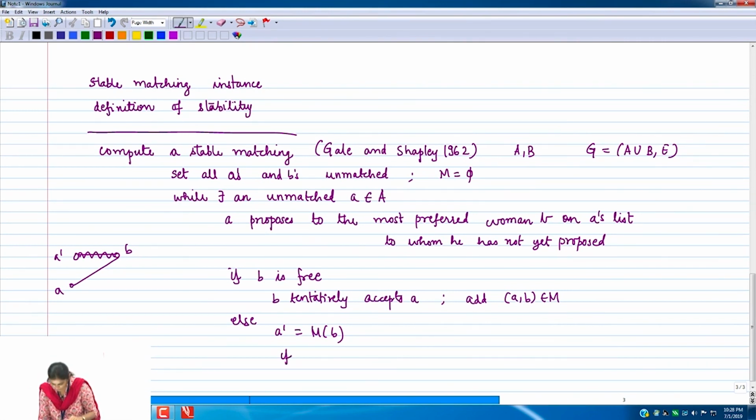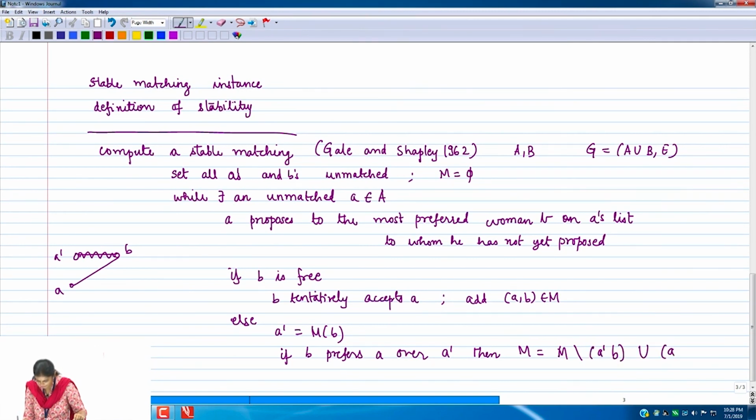It is going to evaluate the proposal based on the preference list. So if B prefers A over A prime, then M, which was the current set of edges which were matched, is going to become M minus A prime B, and then union AB.